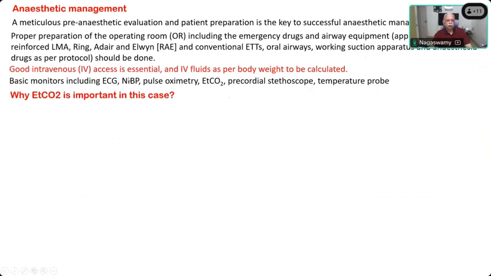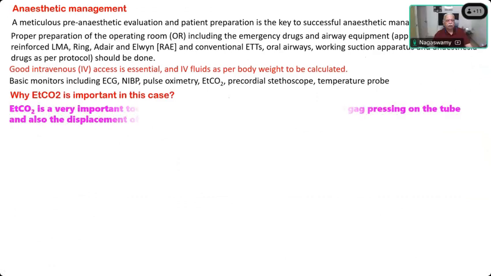Why is ETCO2 important? Very important in this case. It helps in identifying tube disconnection. Excellent. Hypoventilation. ETCO2 is important to detect ET tube obstruction, especially when you put a nasal tube, as you may carry some tissue of the adenoid or turbinate and the tube may get obstructed.